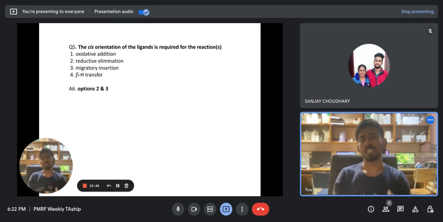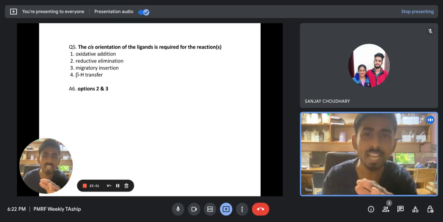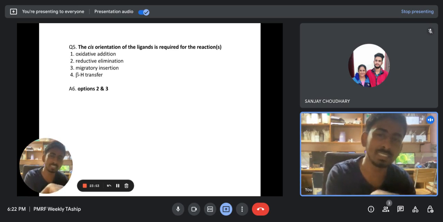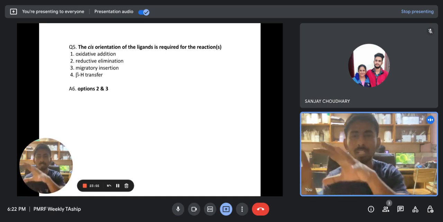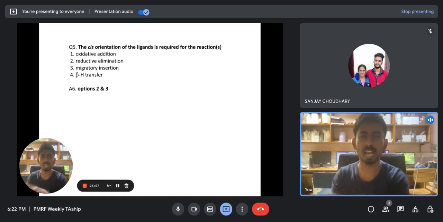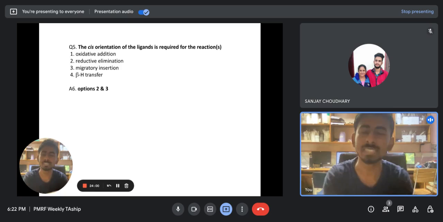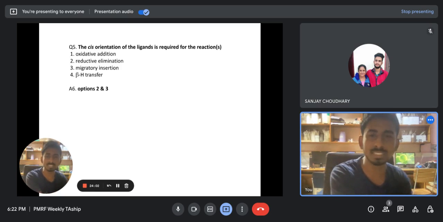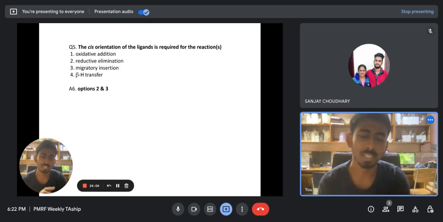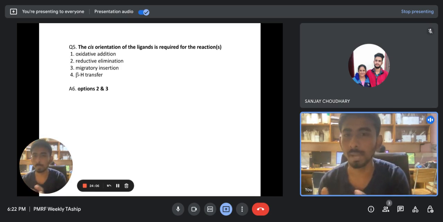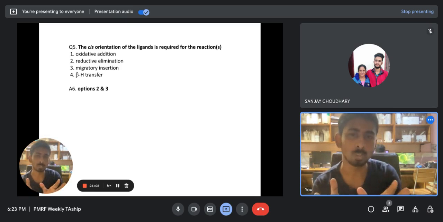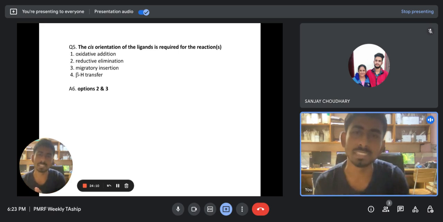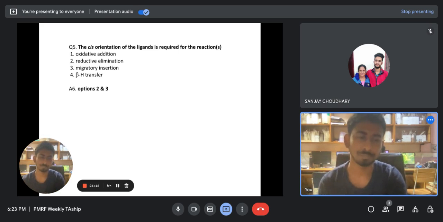But when it is cis, at a 90-degree angle to the CO moiety, then the shifting of the methyl or phenyl group to the position just beside the CO is quite facile. That's why reductive elimination and migratory insertion, these two pathways, demand the cis orientation of the ligands.